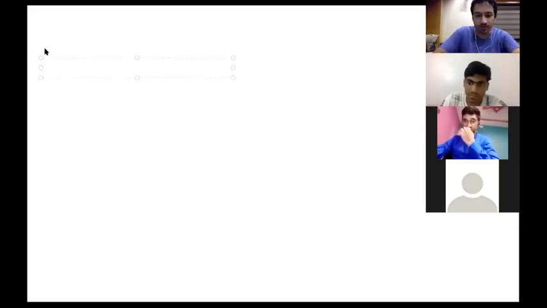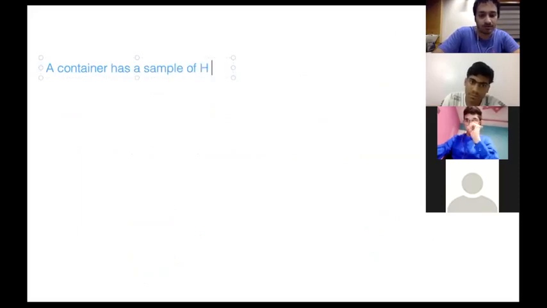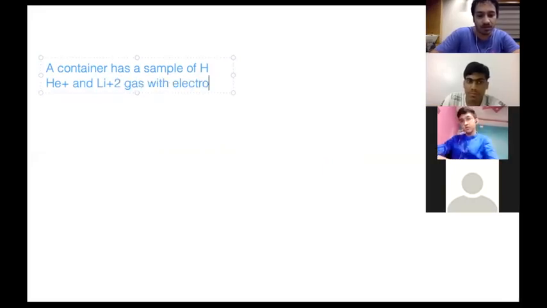Let's see if you can solve this. A container has a sample of hydrogen, helium plus, and lithium plus 2 gas with electrons in the 5th excited state.